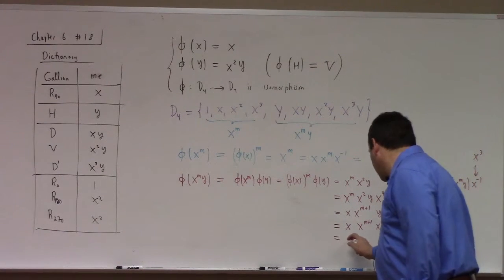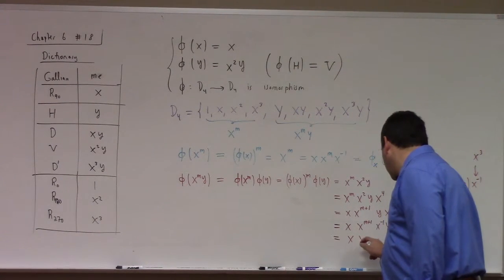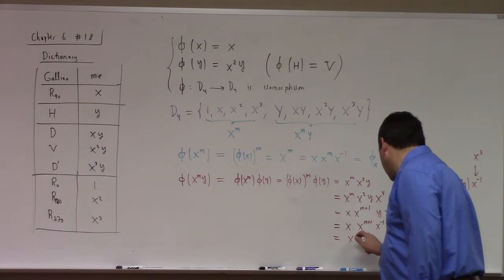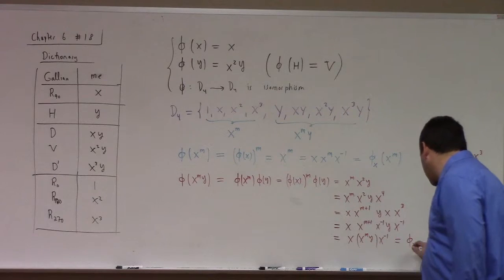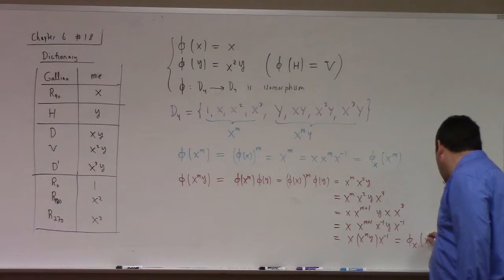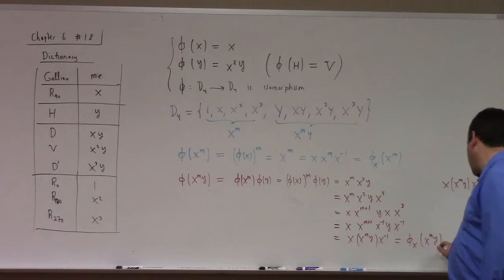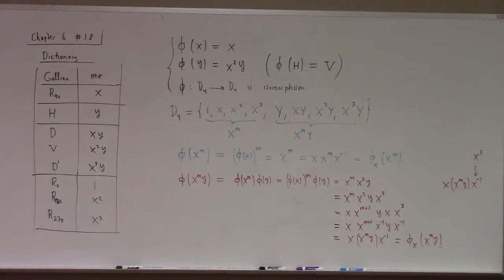And so that is exactly x to the m, y, x inverse. In other words, it is phi of x acting on x to the m y. And there you go. That's the other half of the dihedral group of order 8, because m equals 0, 1, 2, 3 covers the other half of the dihedral group.